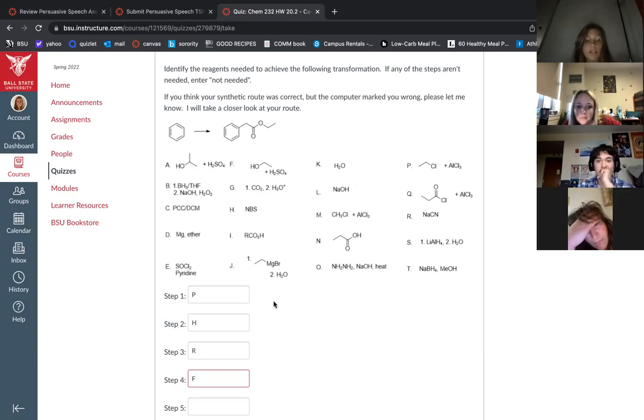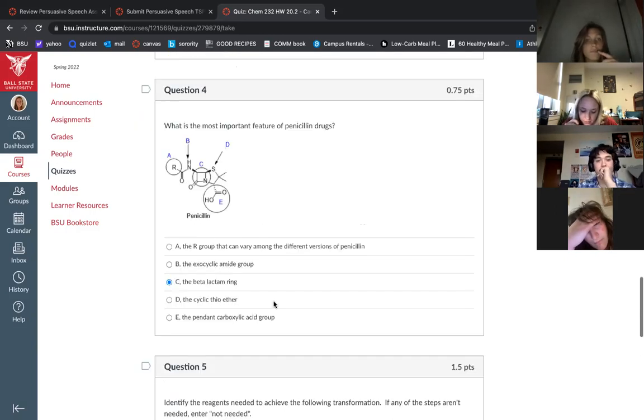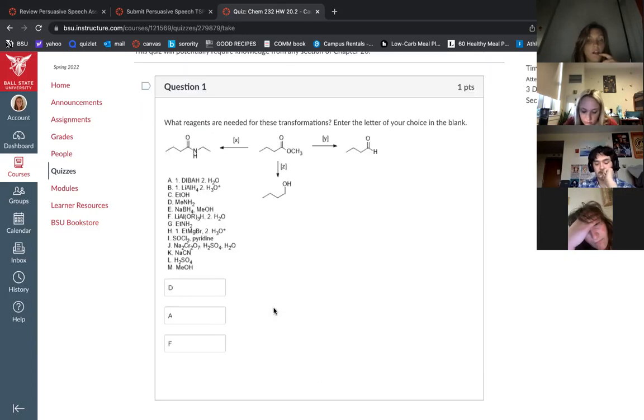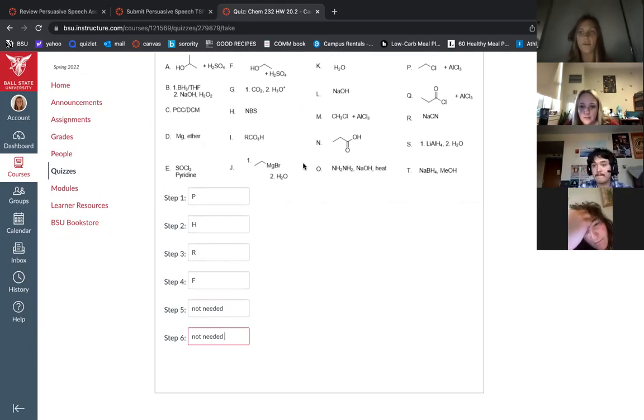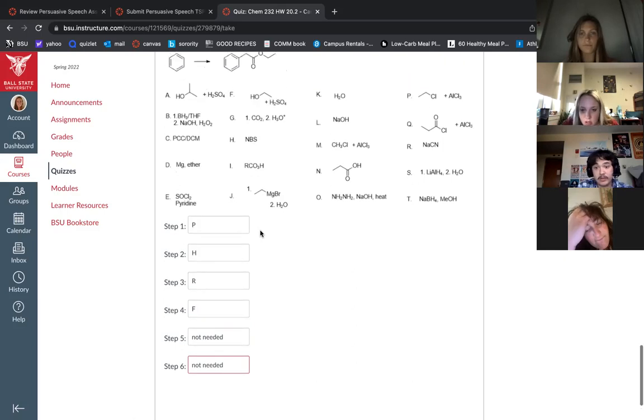Yep, I think that works, but in the book it says for the NaCN, you need acid workup and heat, and that wasn't an option with R. But sometimes we'll have it where it doesn't have the acid workup and it will still be correct. He's done that before. I guess we can try that option first. That way, if I'm wrong, you're not wrong, Gracie.